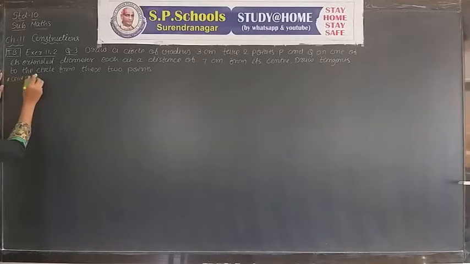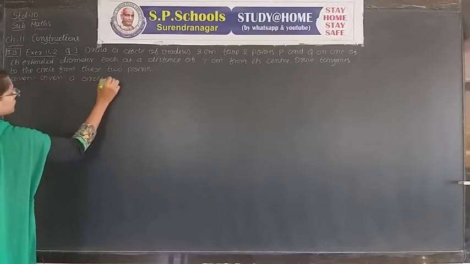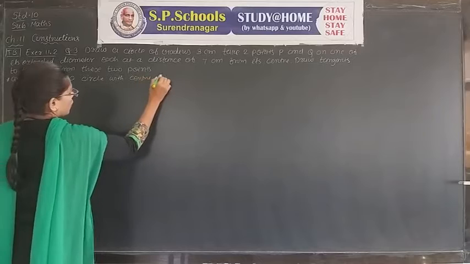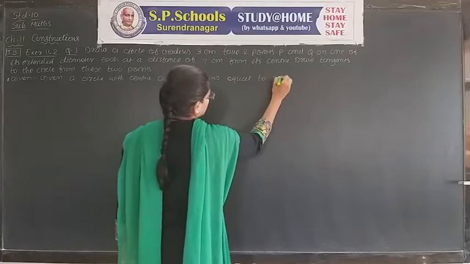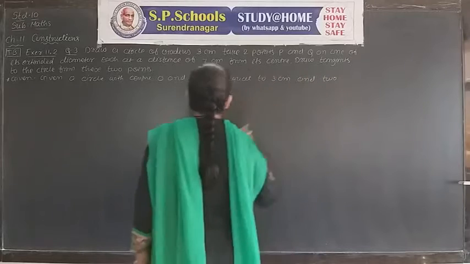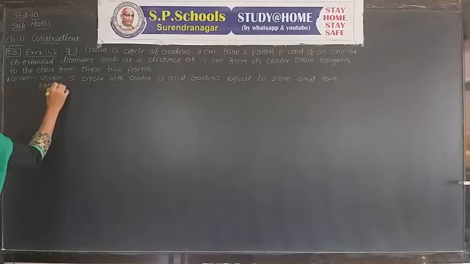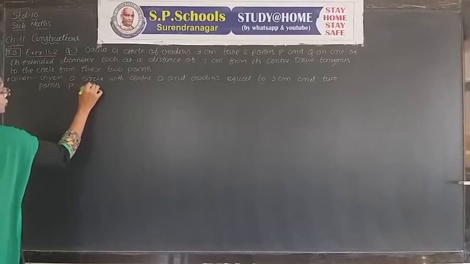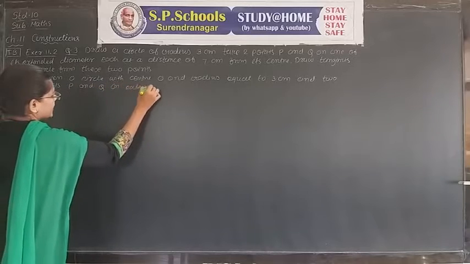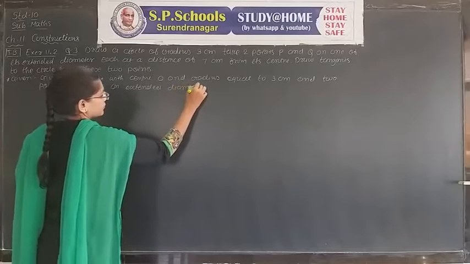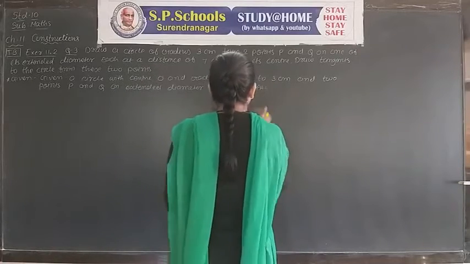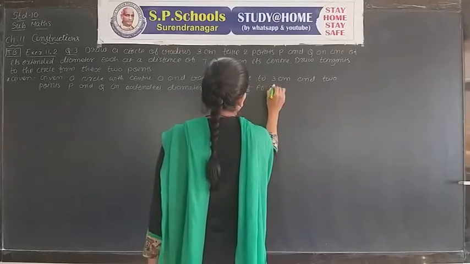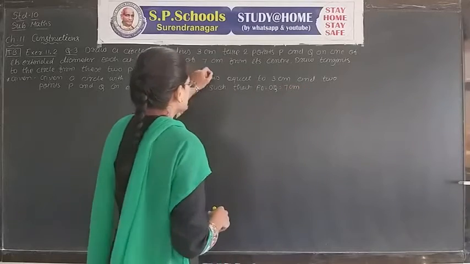Given: a circle with center O and radius equal to 3 cm, and 2 points P and Q on the extended diameter such that PO is equal to OQ is equal to 7 cm, because the 2 points are 7 cm away from its center.